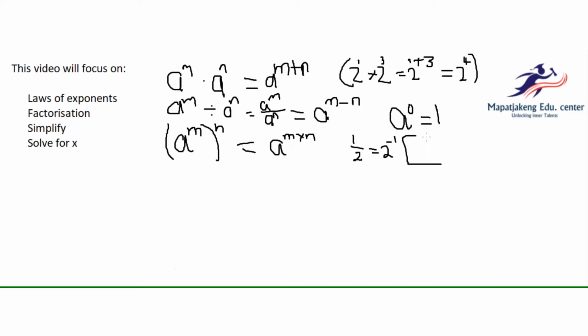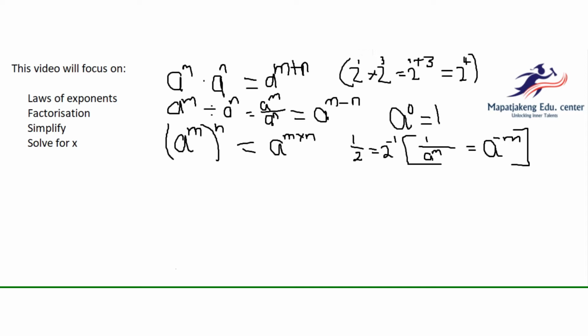This one will be 1 over a to the exponent m, is the same as a to the exponent negative m. These are 1, 2, 3, 4, 5 basic rules of the exponents, which are very important. You're going to use them so often as we go.